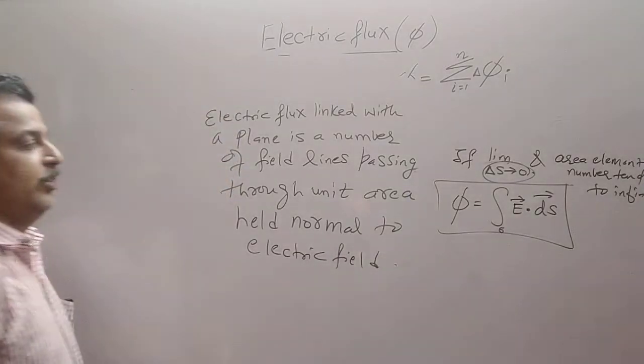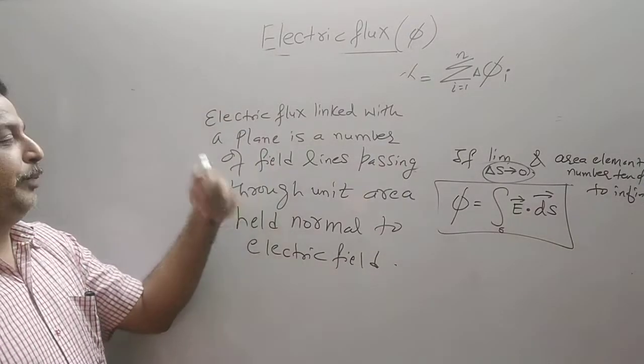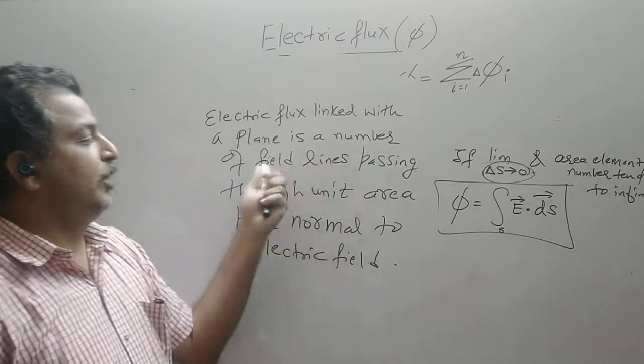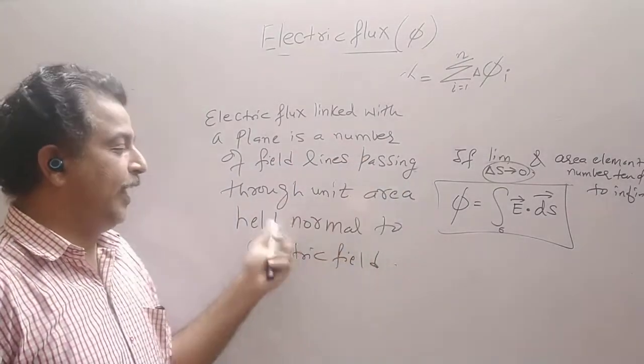So electric flux linked with a plane or plane sheet or a surface is the number of field lines passing through a unit area held normal.